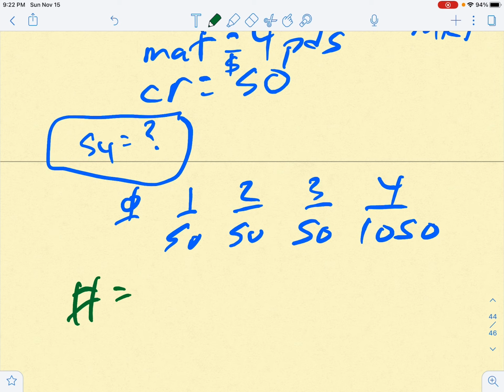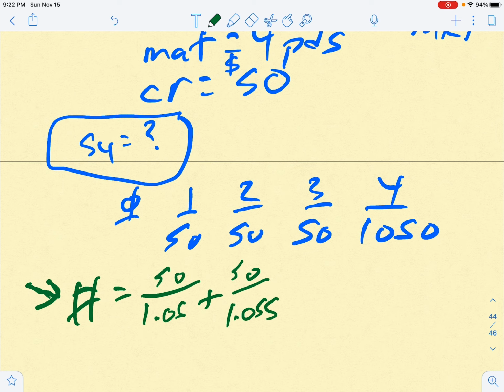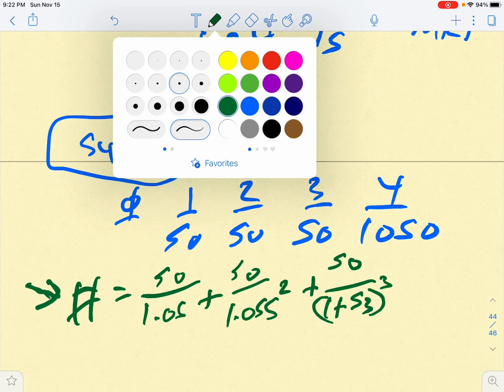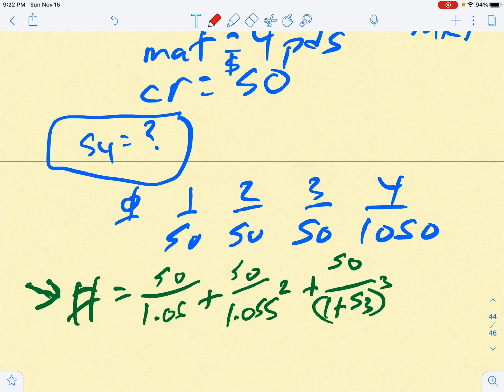So this known, trusted market price equals 50 divided by 1.05, that's S1, plus 50 divided by 1.055 squared, that's S2, plus 50 divided by 1 plus S3 cubed. Try not to get bogged down in arithmetic, so we can stay focused on what really matters.